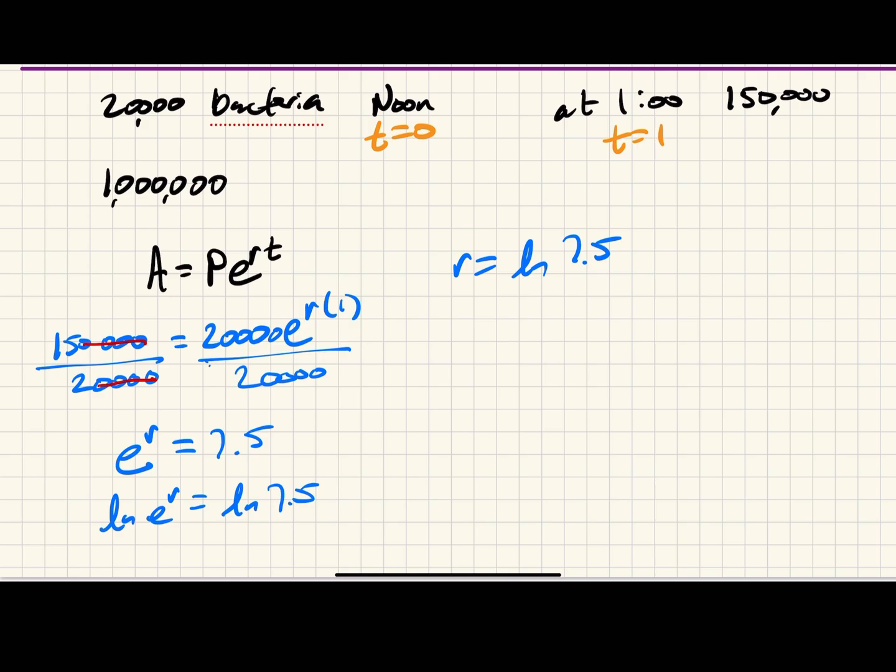Since we're starting at noon, I'll go ahead and let 20,000 be my initial value. So we'd have 1,000,000 equals 20,000 times E raised to the natural log of 7.5 times T.